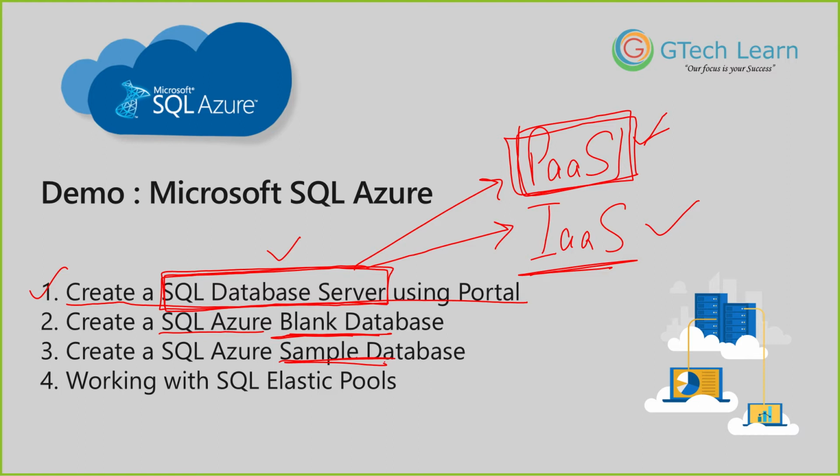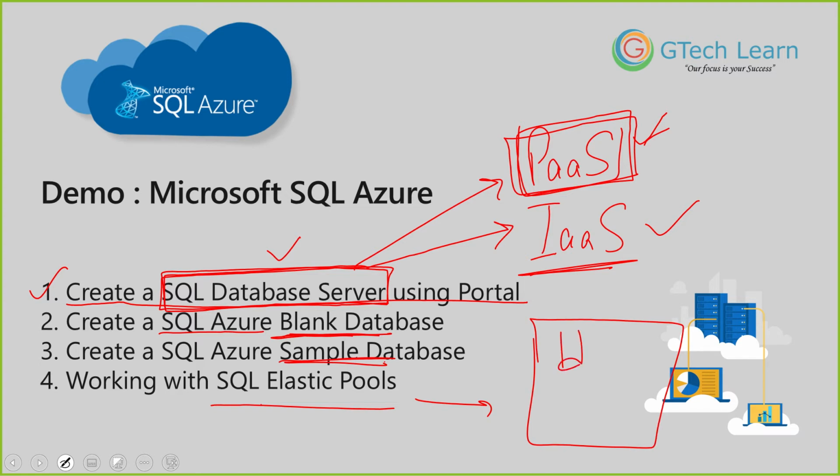Let's understand in the meanwhile what exactly SQL Elastic Pools are. When you talk about a SQL Elastic Pool, consider that as a logical container which can have multiple databases underneath it. So how does that happen?